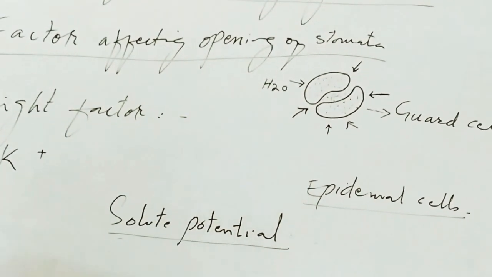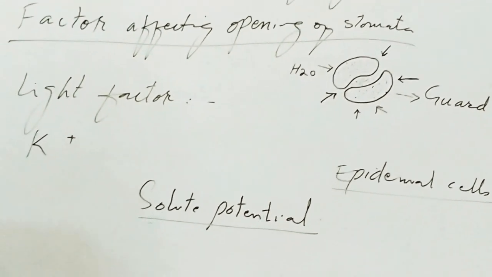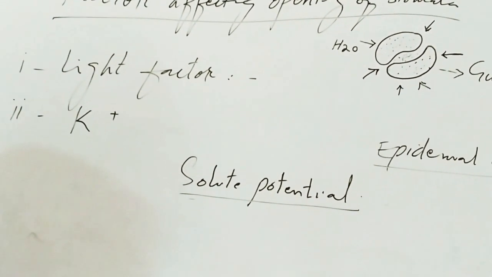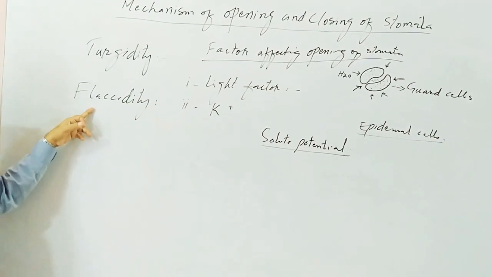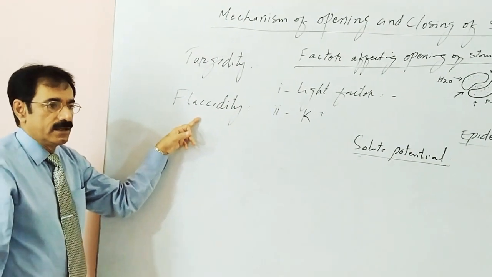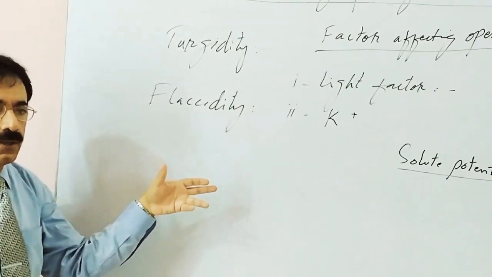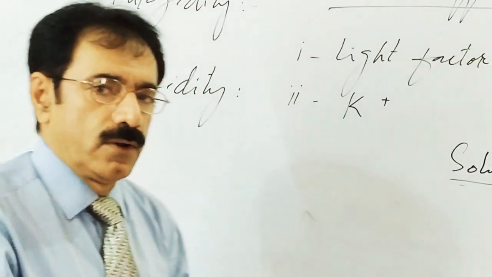During the night time, when the guard cells lose water, the loss of water from the plant cells is called flexidity. Flexidity is the loose condition after the loss of water.